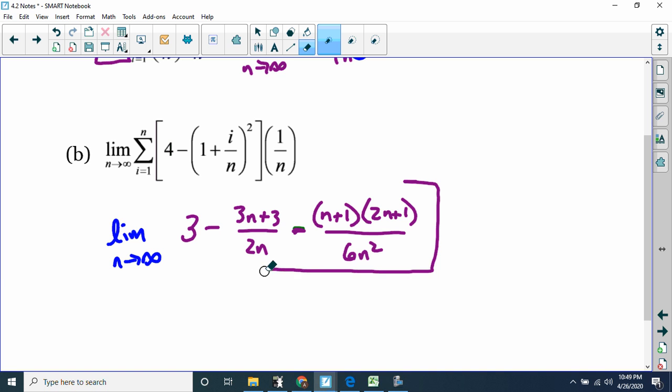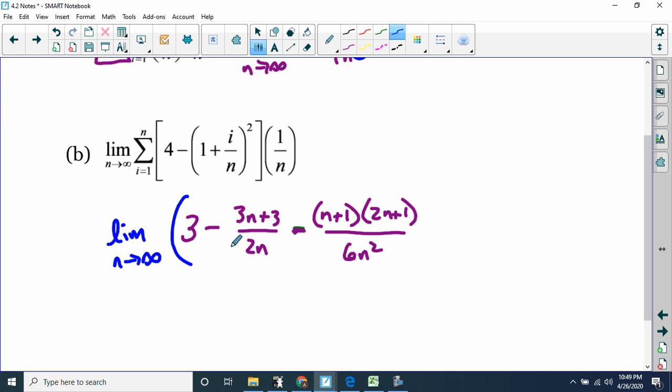So right now we're at that step right there. And now we need to evaluate the limit as n approaches infinity. Because we're adding and subtracting things, we are just going to bring down the 3, bring down the minus sign, and evaluate the limit as n approaches infinity of this, which is 3/2.